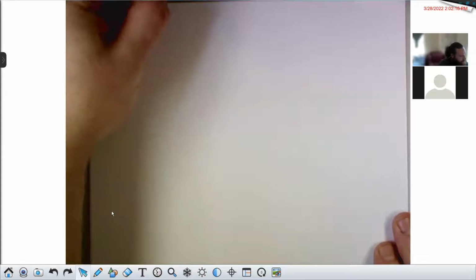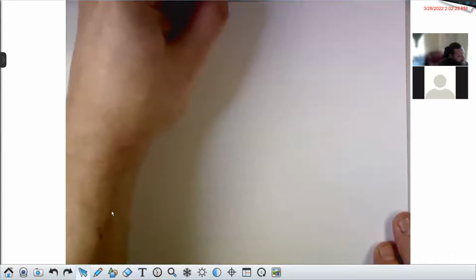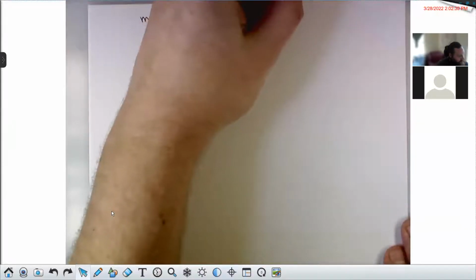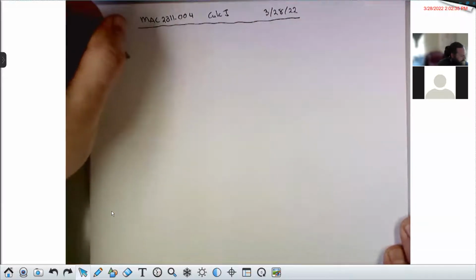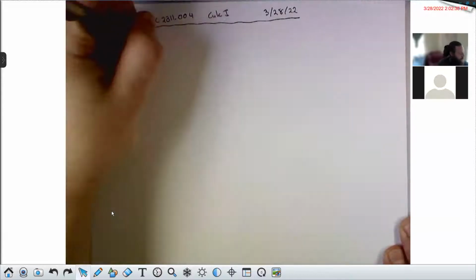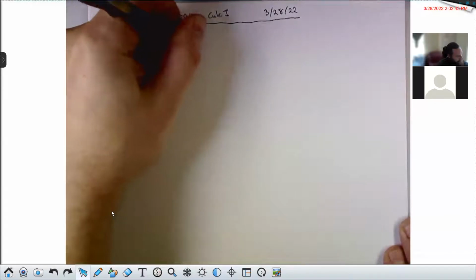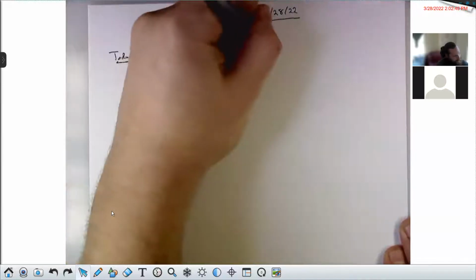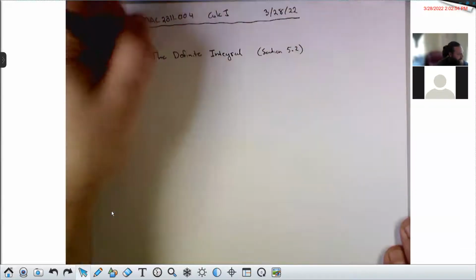So this is MAC2311, section 004, which is Calc 1. And the date today is the 28th of March, 2022. And what we're doing today is we're talking about this thing called the definite integral, which is section 5.2.